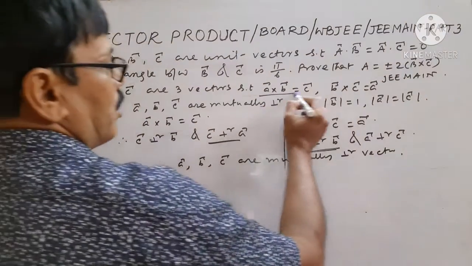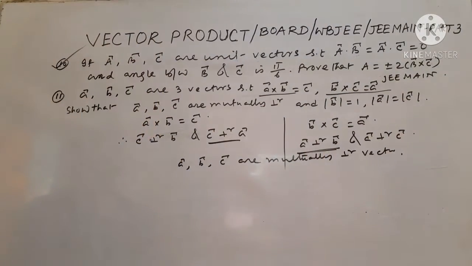From these two relations, we can say A, B, C are mutually perpendicular vectors.